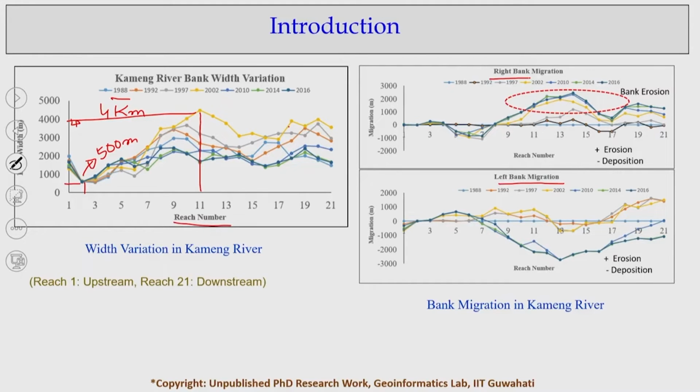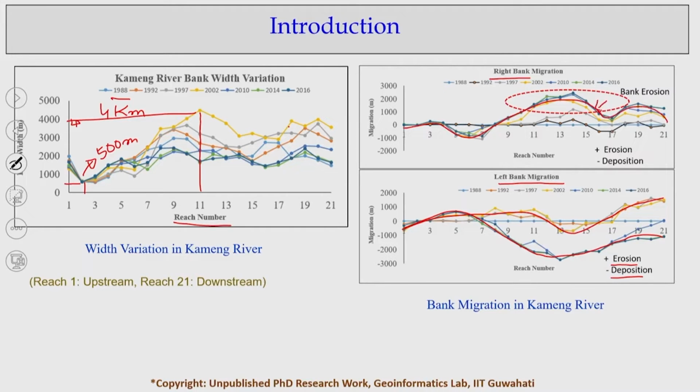The positive part is erosion, the negative part is deposition. If you look at the trend of what is happening, there is a trend like this and a trend like this. Two processes are happening, and that is what is reflected here. Whereas if you look at the right bank, most of the time the process goes like this.